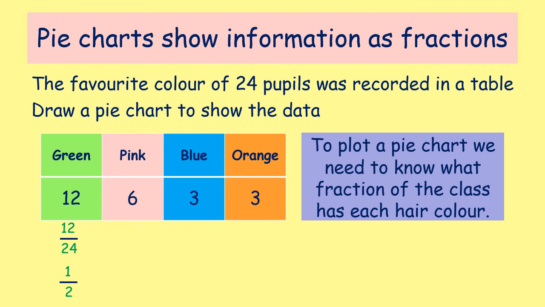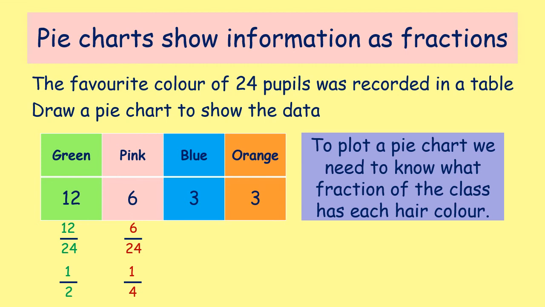Now with our pink one, that is 6 out of 24 pupils. Now that one can also be simplified because we can divide the top and the bottom by 6, which gives us 1 over 4 or a quarter.